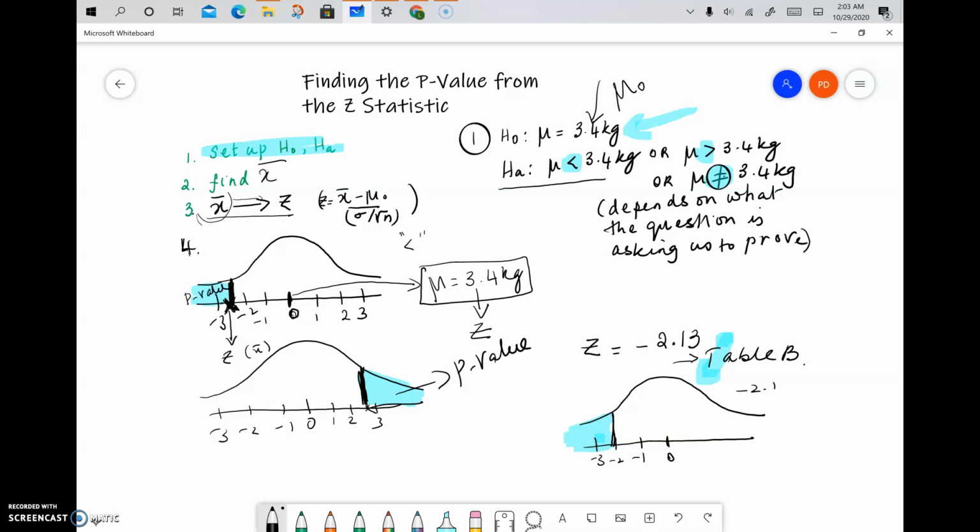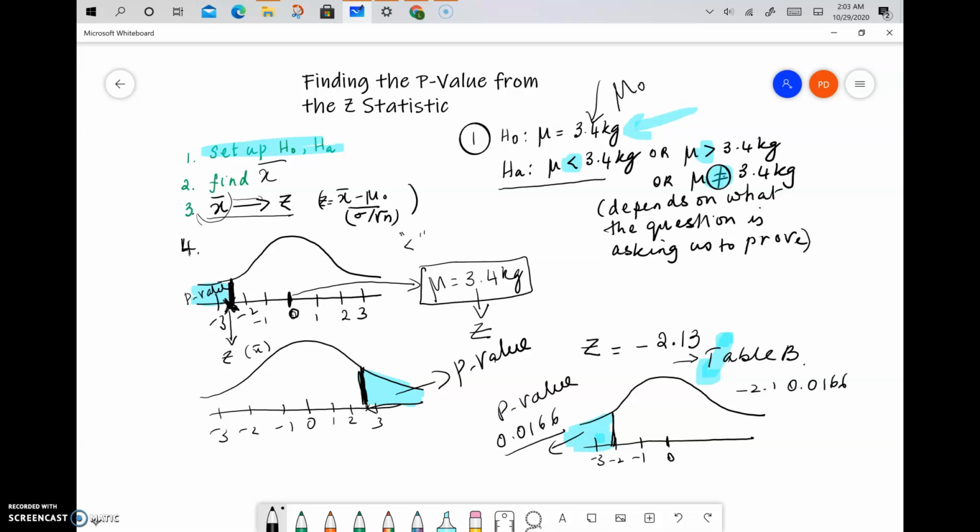And the column is headed by 3, so it is 0.0166. So that is the area to the left, 0.0166. This is called the p-value.